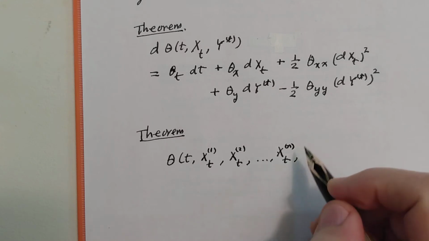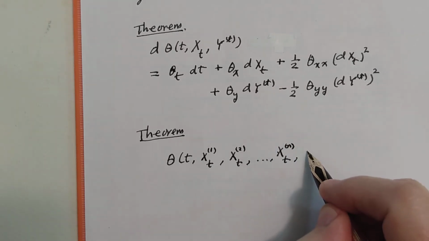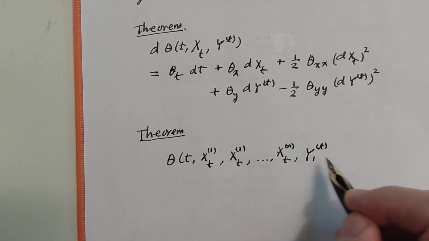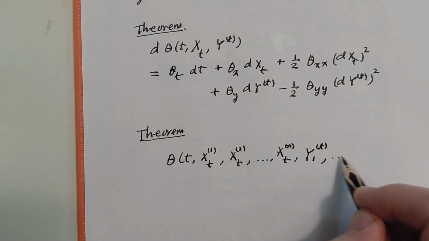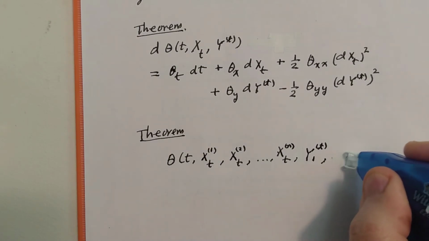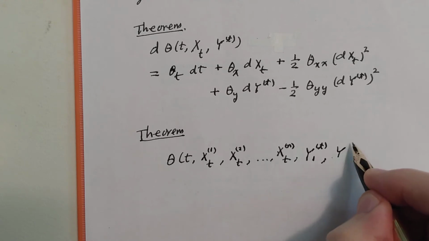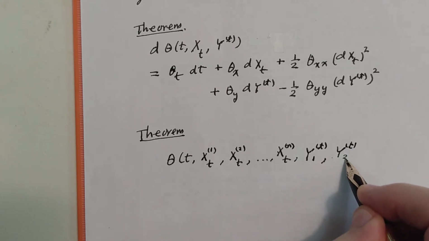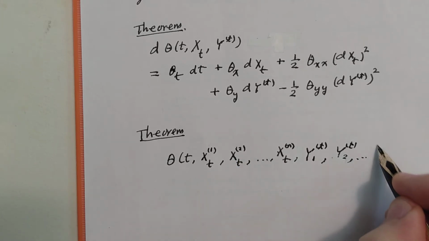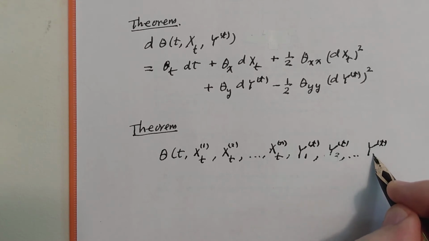And then we have several stochastic processes in the counterpart, which I denote by y sub t sub 1, all the way, well, maybe I write one more time, y sub t sub 2, and y sub t sub, say, m of them.